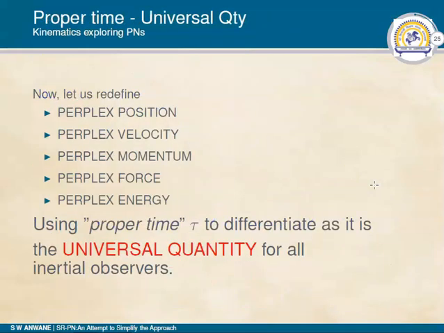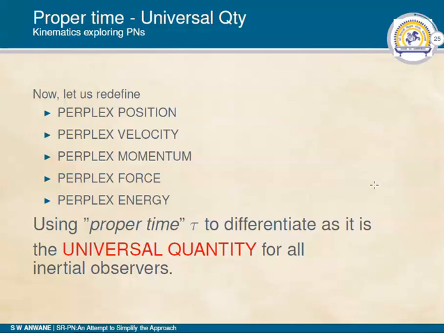Now we are in position to redefine our kinematical parameters with a name: perplex position, perplex velocity, perplex momentum, perplex force, and perplex energy. In fact, we are not having perplex energy here, but we are going to have usual energy from perplex momentum.